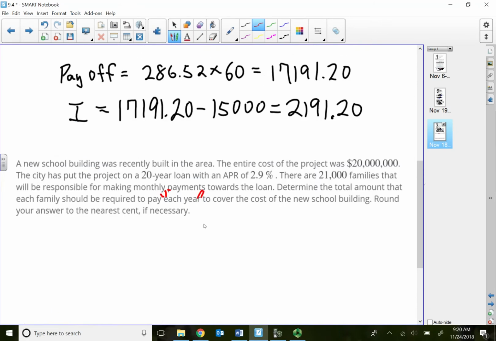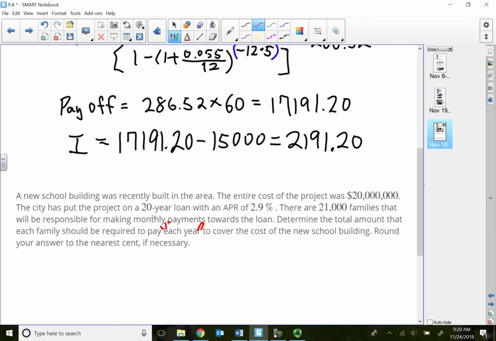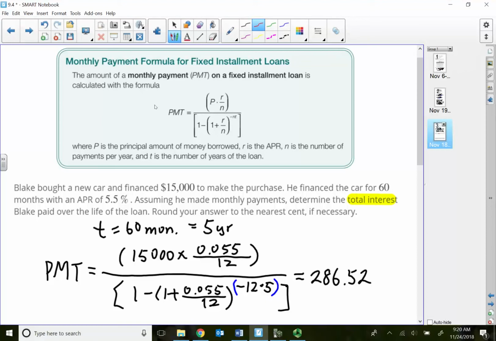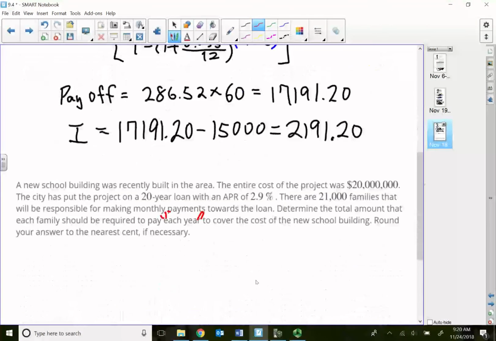So basically, what I'm going to do here is figure out the monthly payment for the entire $20 million first. If I can find the monthly payment that all 21,000 families are responsible for, then we can divide it by the 21,000.